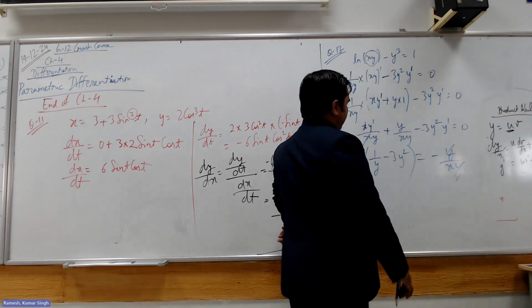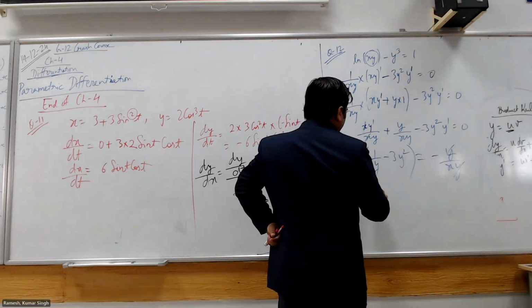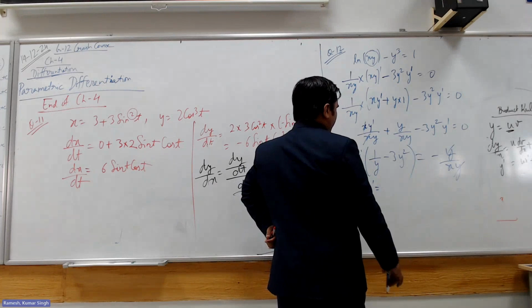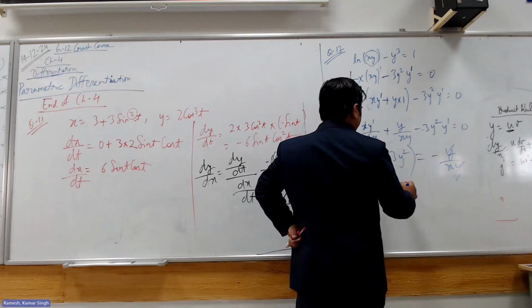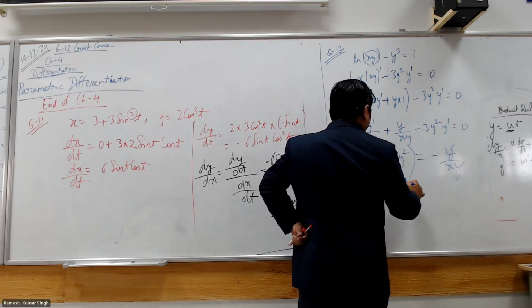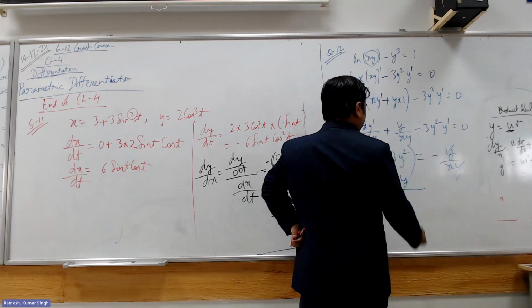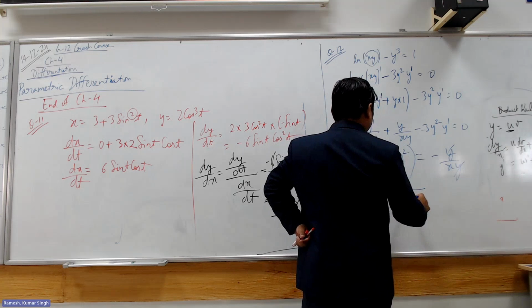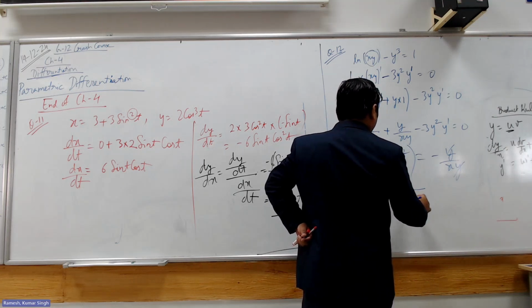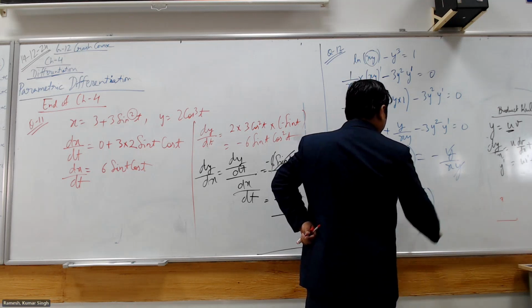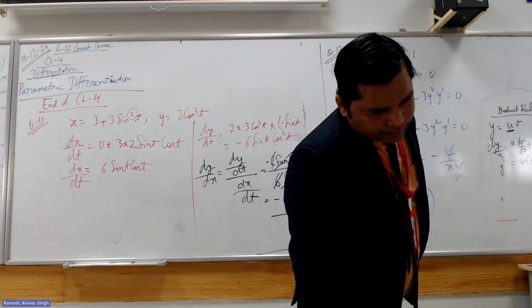y also gets cancelled. y dash equal to negative y over x times (1 minus 3y). Is that the answer?